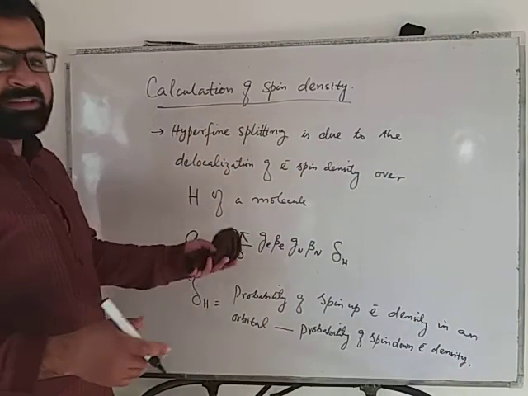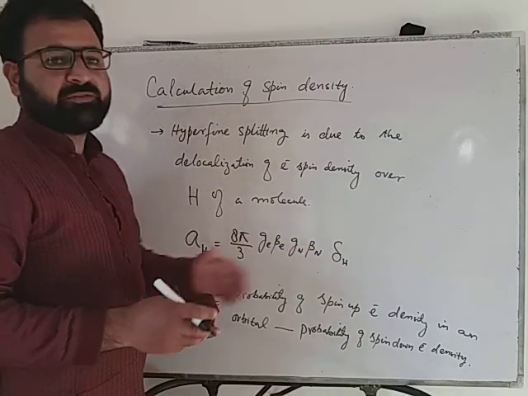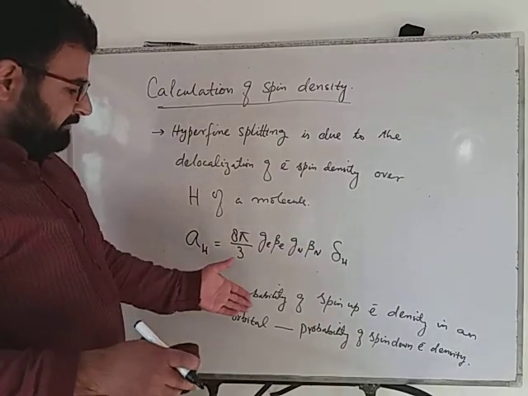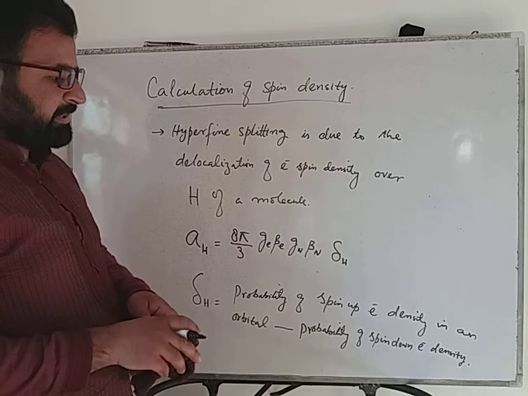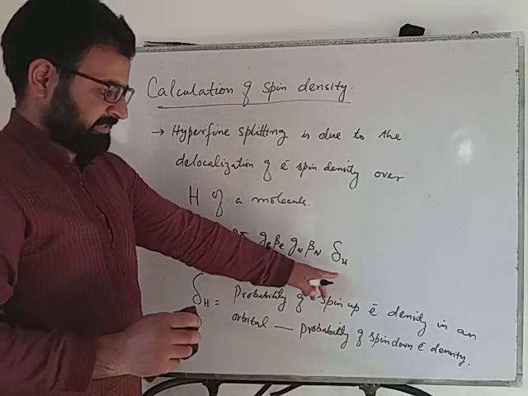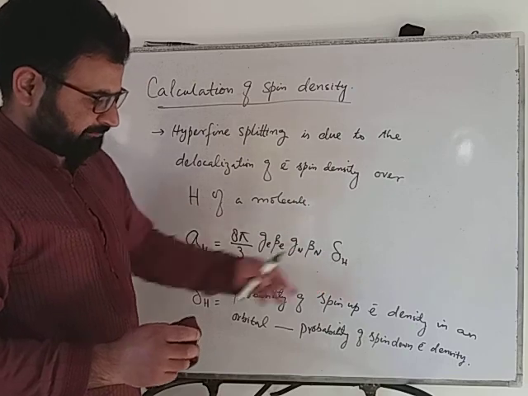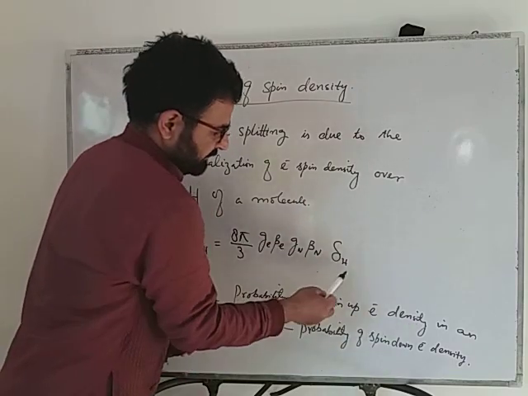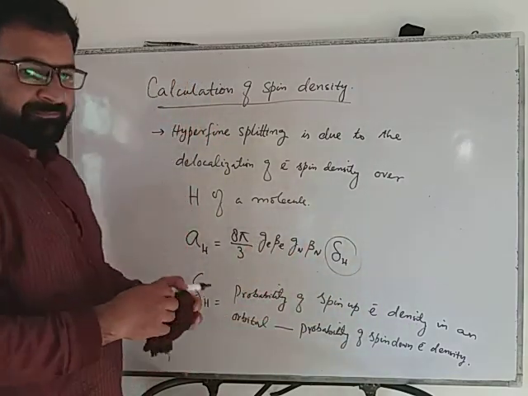In the case of hydrogen we can say it is the 1s orbital. The probability of spin up electron density minus the probability of spin down electron density will give us this delta H.